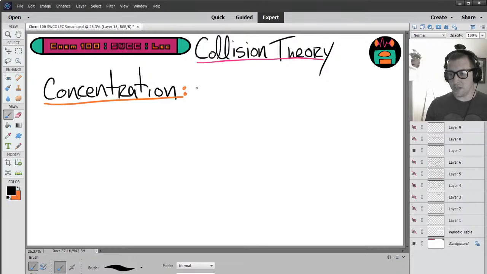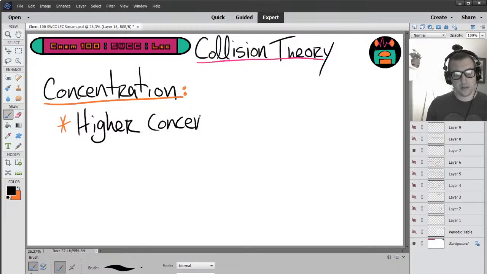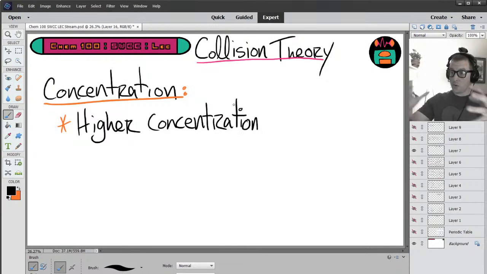Higher concentration means that you have a higher density of particles. So if you have a higher concentration, you're going to have more collisions.